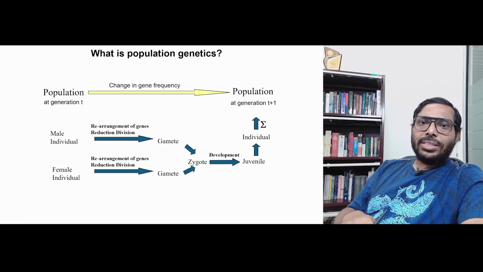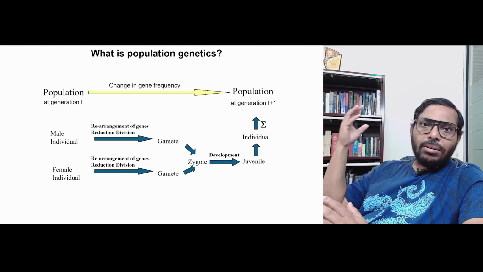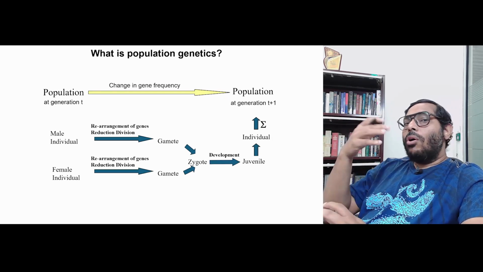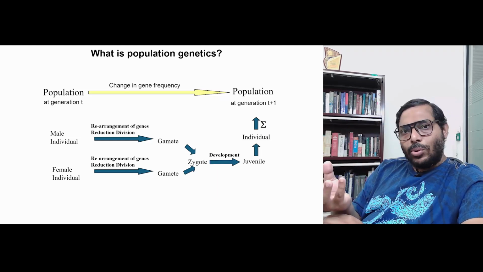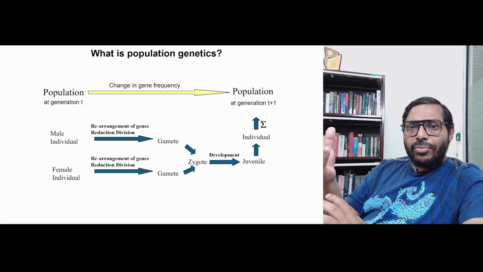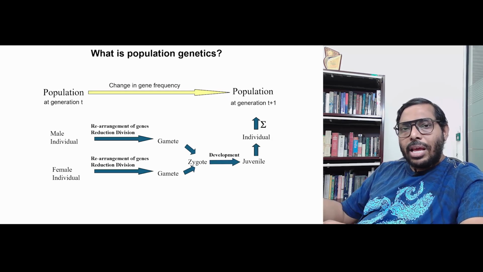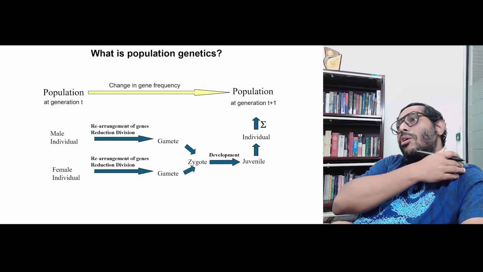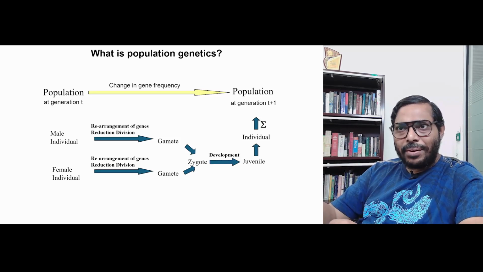So, now you have lots of gametes, but then the organisms are mating with whosoever they please, and even when they are mating, not all the gametes are forming the zygote, only a subset of the gametes are forming the zygotes, and then a small fraction of these zygotes is actually taking birth, and then they are growing up to form the next generation, and you sum over all the mating pairs, and only then you get the next generation, right.